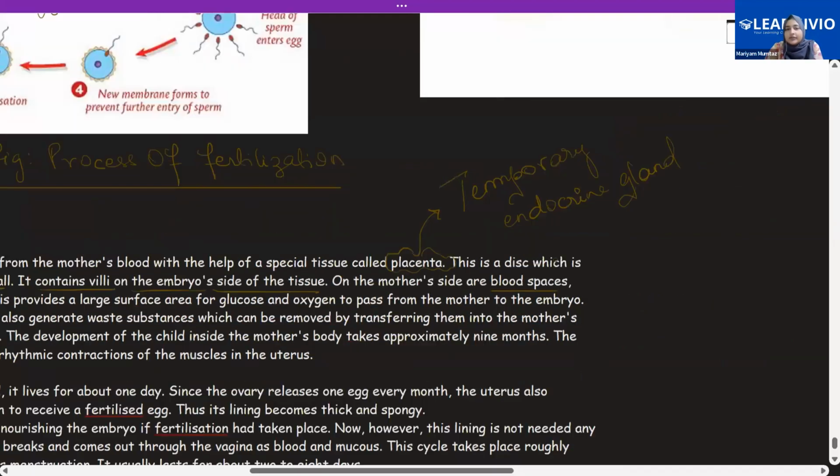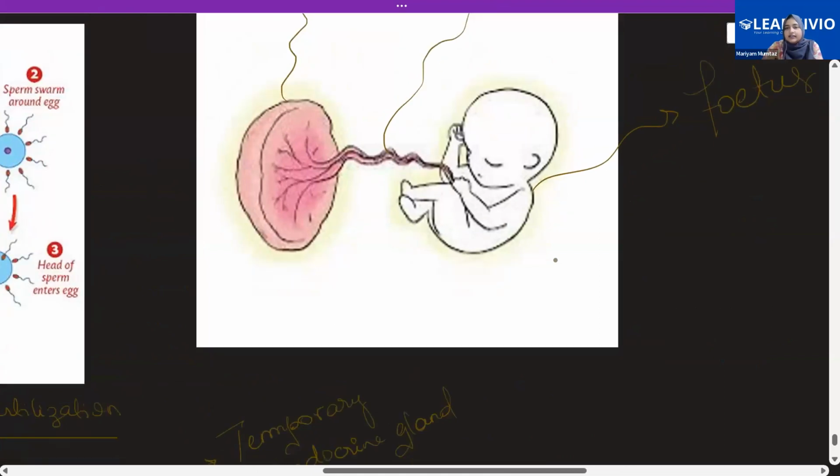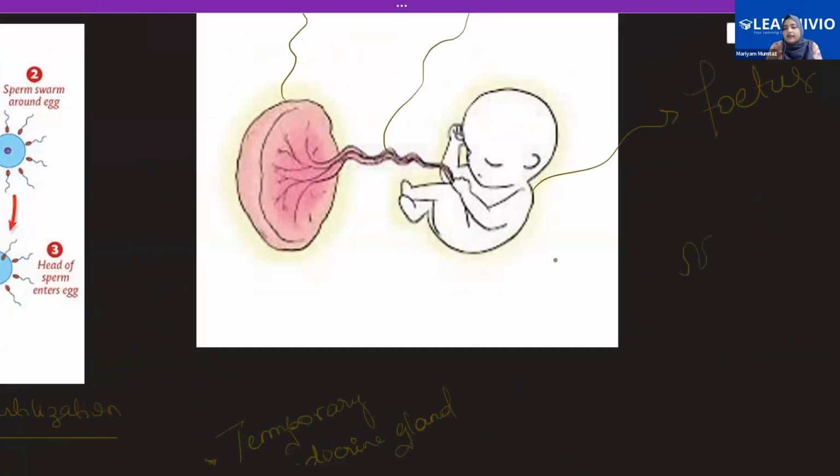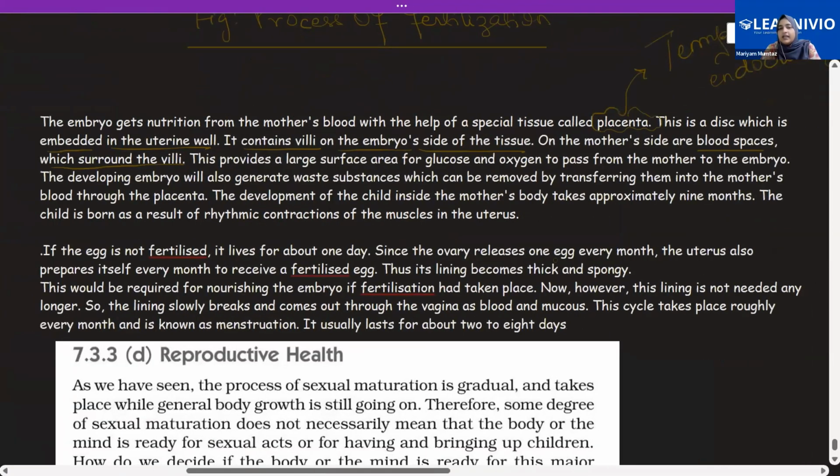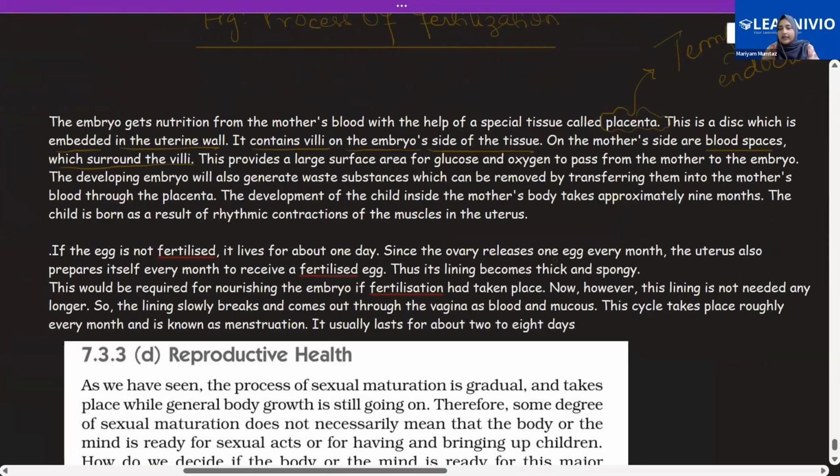Villi are finger-like projections, right? How we have studied finger-like projections like this. So towards the fetus side, to form the connection, it has the finger-like projections called villi, whereas towards the mother side, it has the whole entire blood spaces.